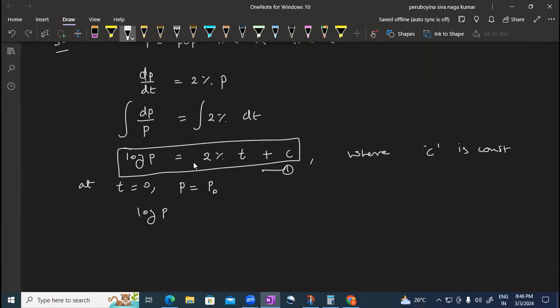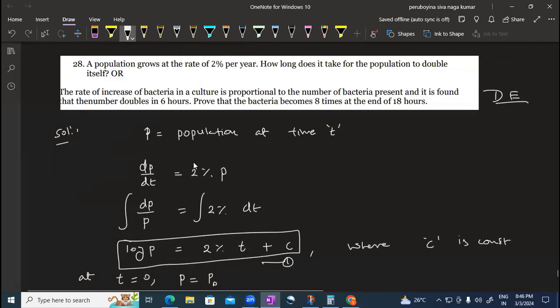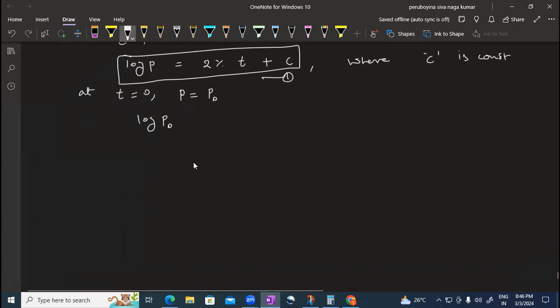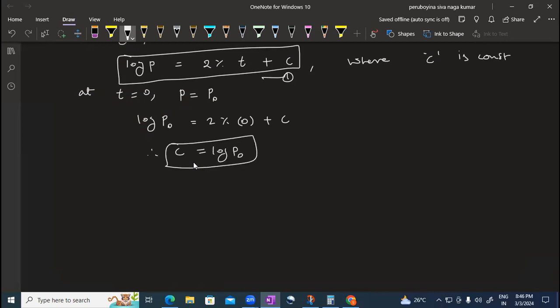And log P naught, where P naught is initial population, P is equal to population at time t. Initial population means at time t equal to 0, log P naught is equal to 2% of 0 plus c. Therefore, c is equal to log P naught.